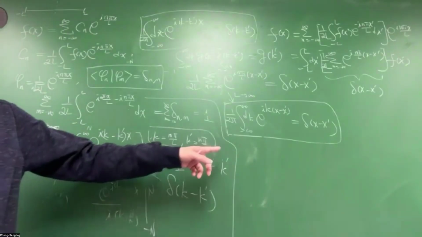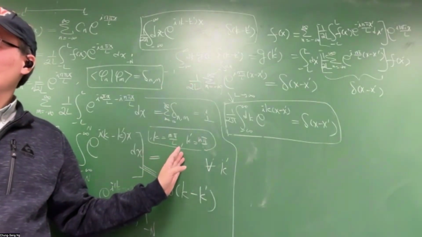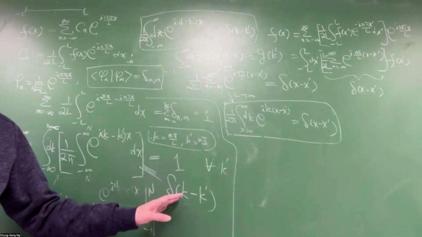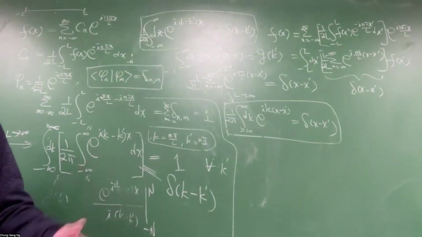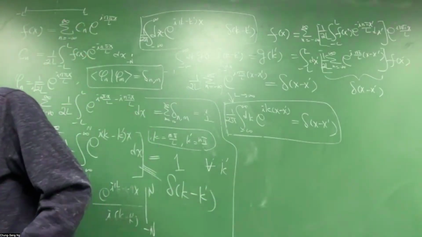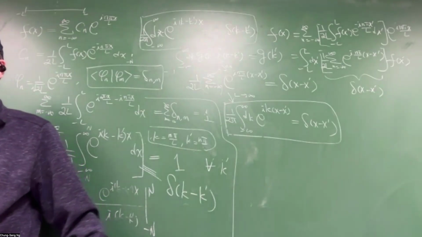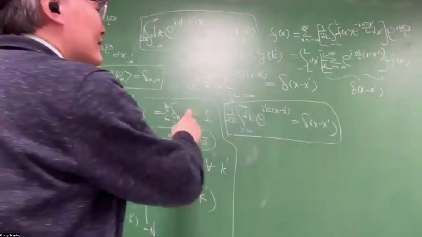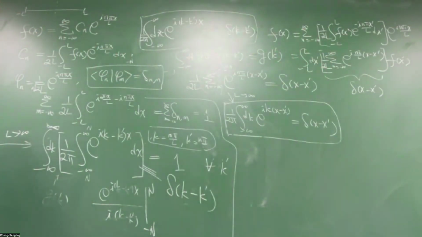You define a delta function only within the context of doing an integration. By itself, this is not a well-behaved function. You only use it when you do an integration, put it in an integral and multiply by something that is well-behaved, then you can work out the integration value. Okay. So that is the orthonormal condition and completeness condition for Fourier transform.